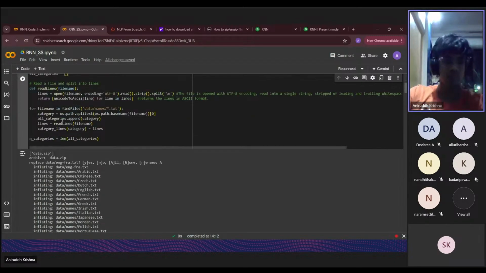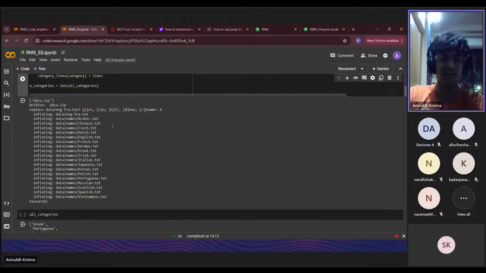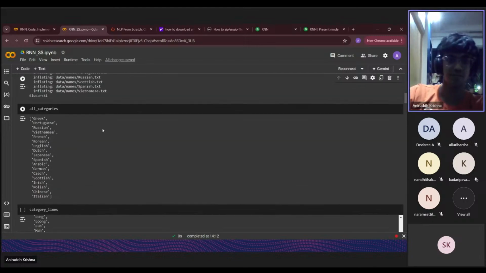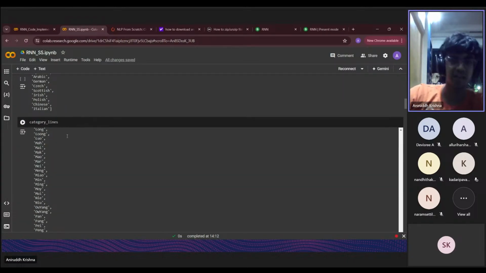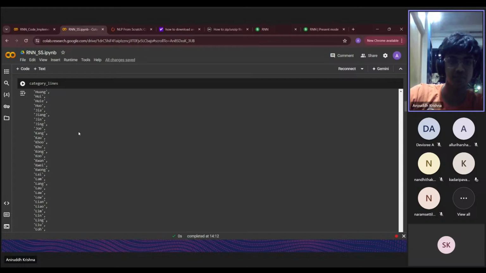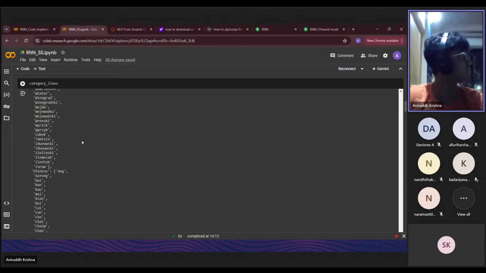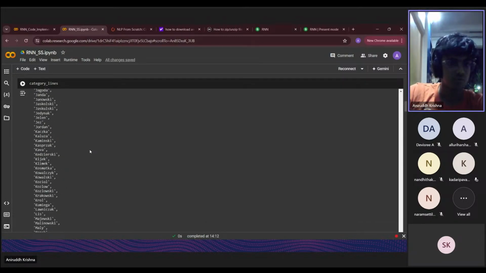So now when I print both of these, and n_categories is just the length of all_categories, which are the languages, all_categories will basically give me a list of all the languages that I have, Greek, Portuguese, Russian, etc. And category_lines would give me all the names of one particular language. So for example, as you can see, it's Polish.